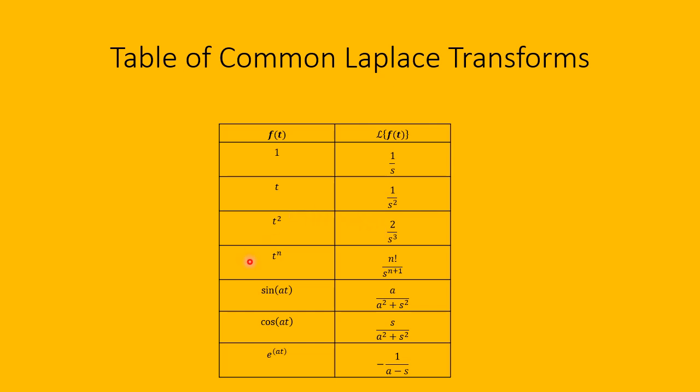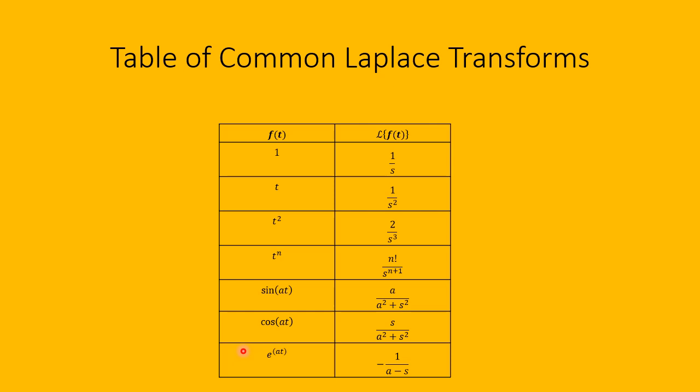The Laplace transform of t to the n, where n is a positive integer, is n factorial over s to the n plus 1. The Laplace transform of sine of at is a over a squared plus s squared. The Laplace transform of cosine of at is s over a squared plus s squared.